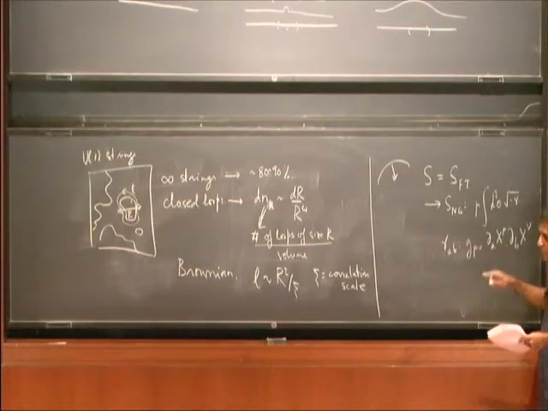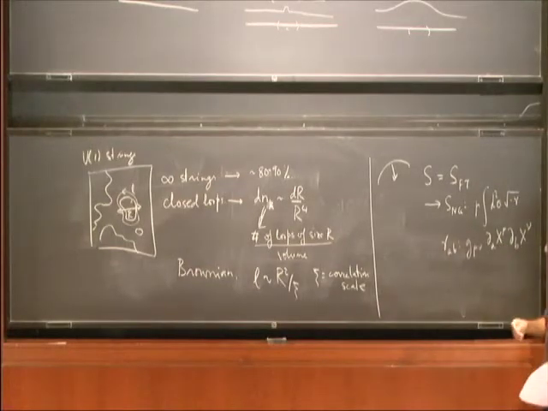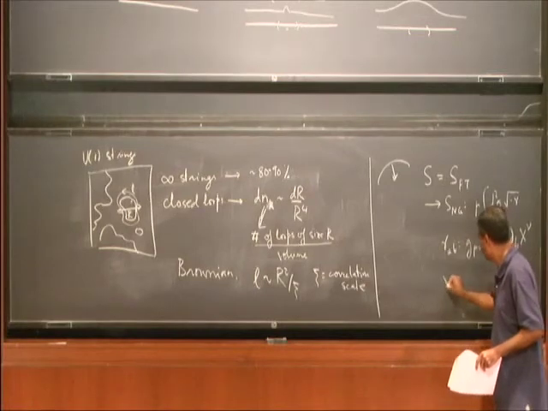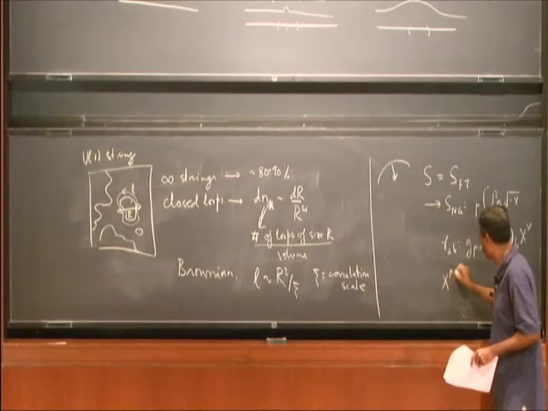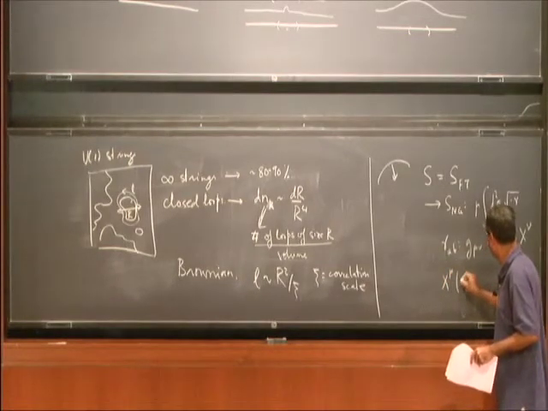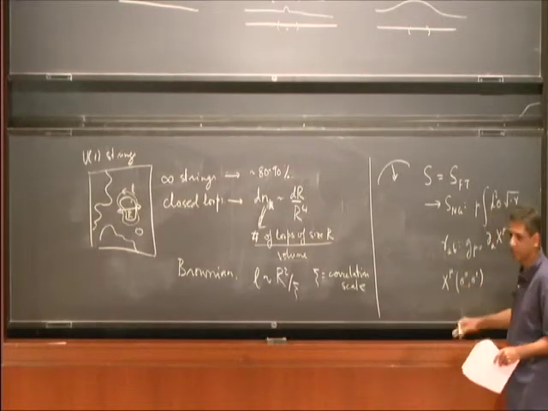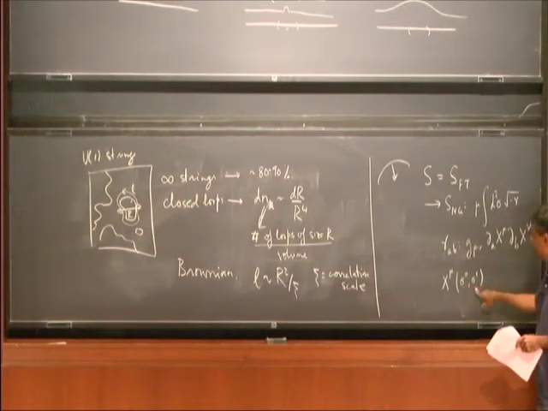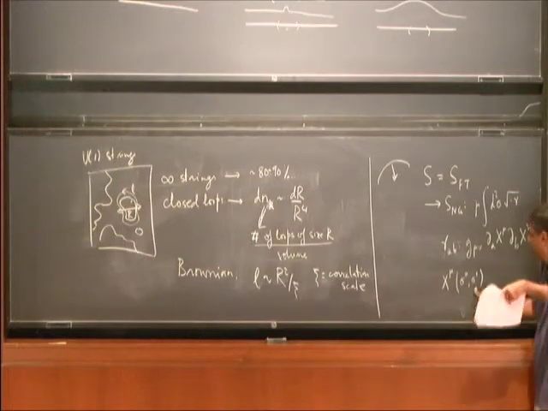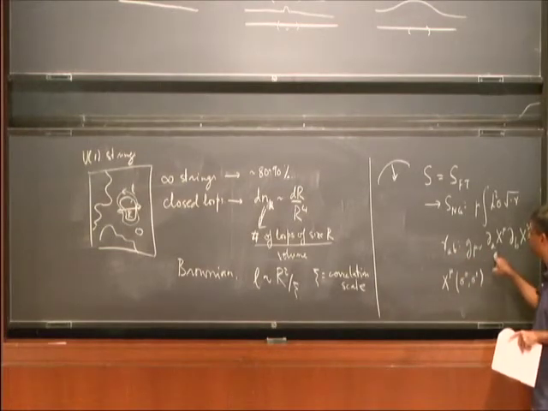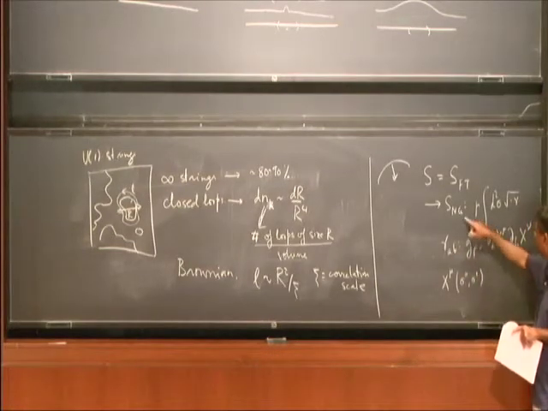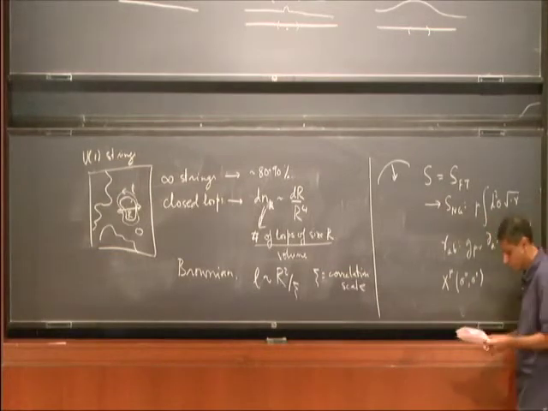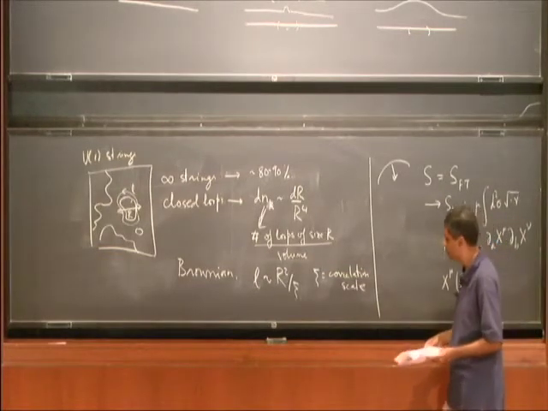So if the string is described by this vector x mu of sigma 0 and sigma 1, this tells you the location of the string as a time parameter and a parameter along the string. Then you can define a metric, and then you have this action. This is the so-called Nambu-Goto action.